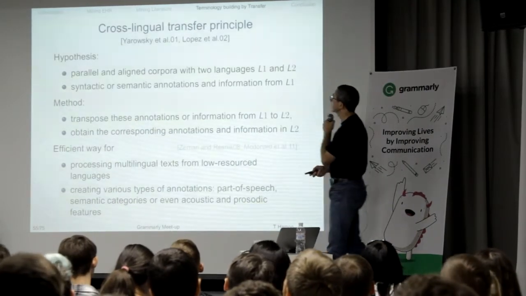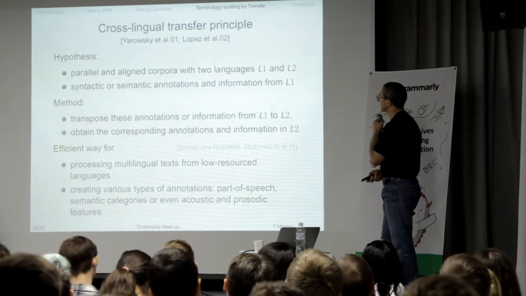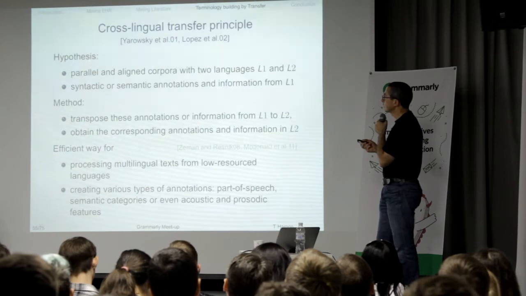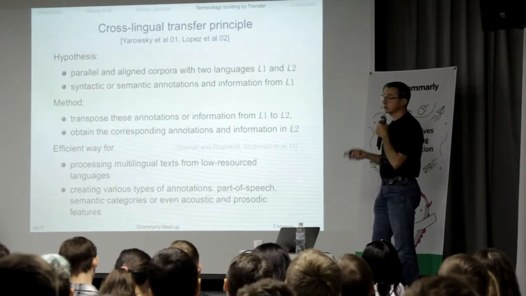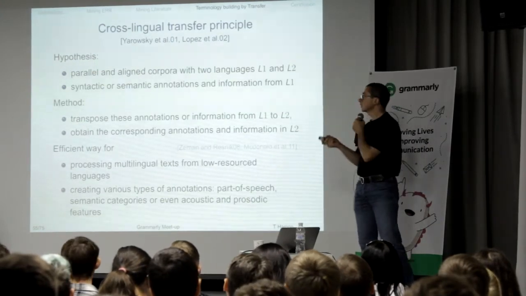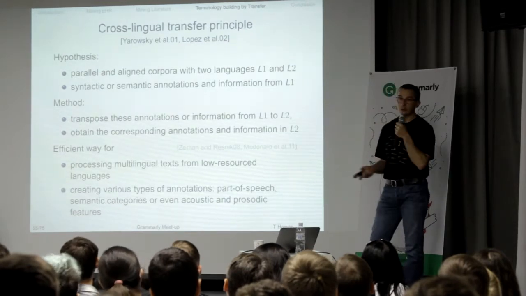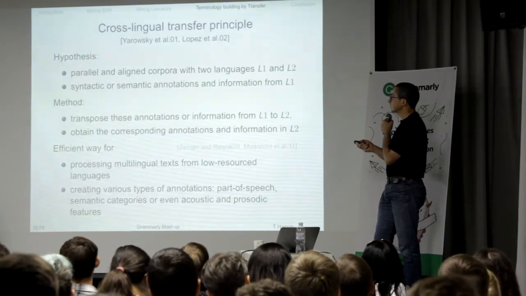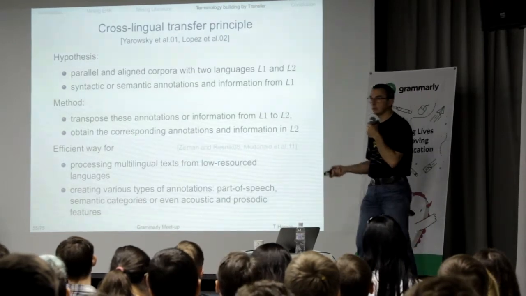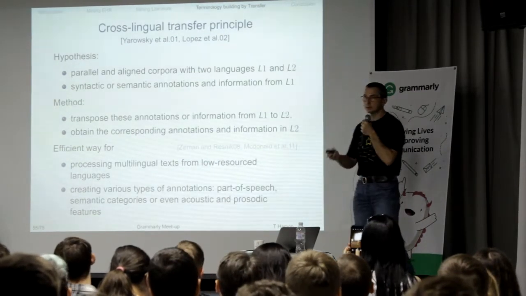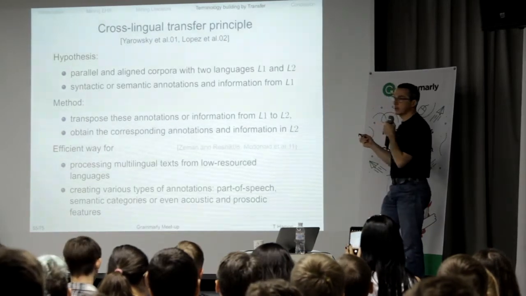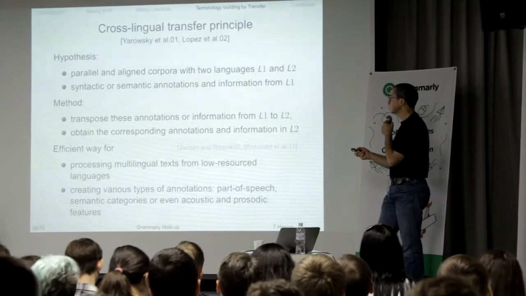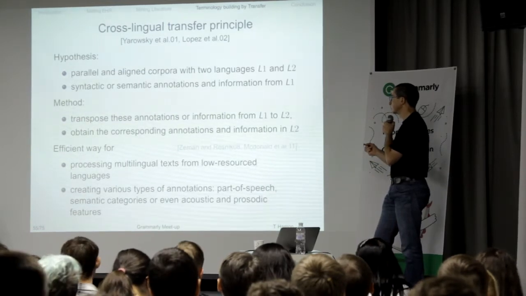The cross-lingual transfer principle relies on the hypothesis that we have parallel and aligned corpora for two languages, L1 and L2. We have syntactic or semantic information, any information in fact, from L1, and we try to transpose this annotation from L1 to L2.